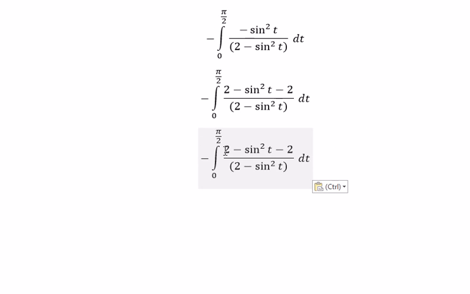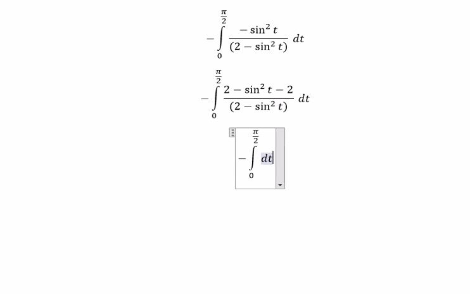So we divide this integration into 2 integrals. The first one should be dt, and the second one should be 2, because we had a negative, you got positive number 2 in here.